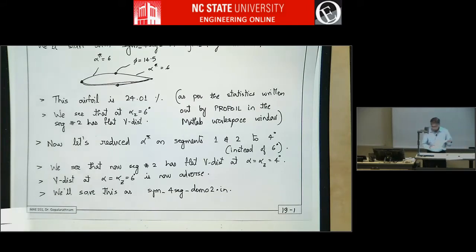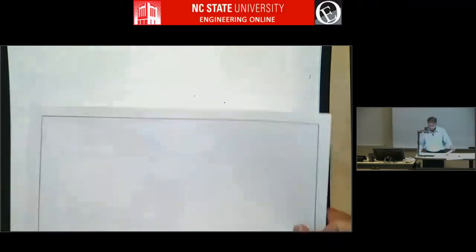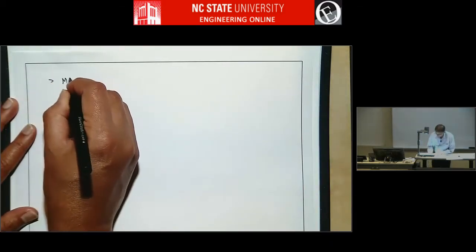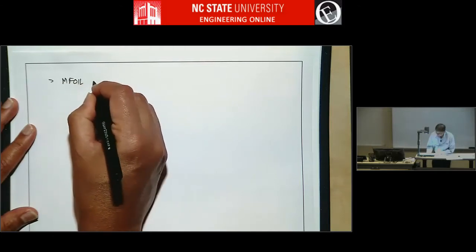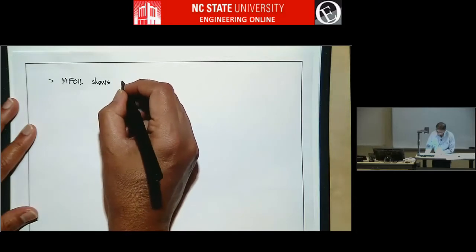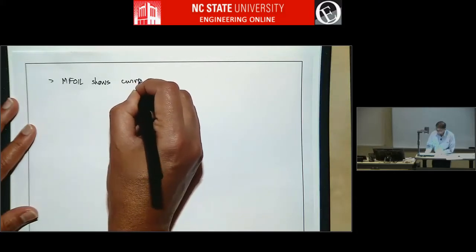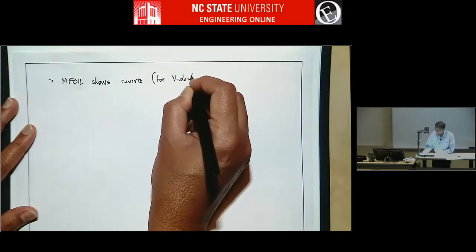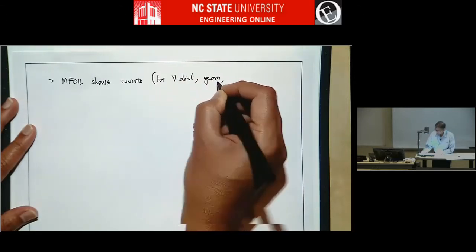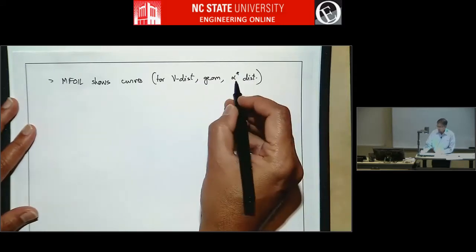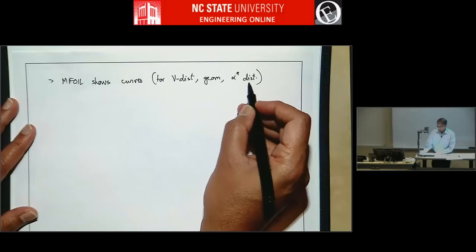Okay, a few other things we saw: curves for velocity distribution, geometry, alpha star distribution. We have not really started looking at the alpha star distribution, but this will be the same thing.